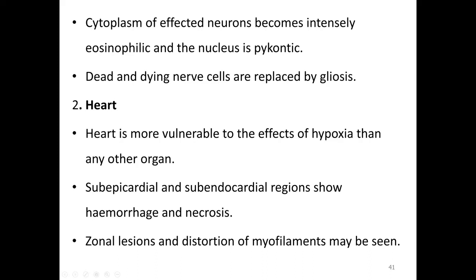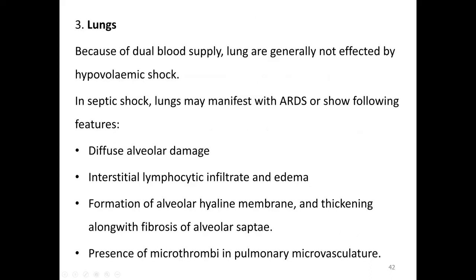Heart is more vulnerable to the effect of hypoxia than any other organ. Subepicardial and subendocardial regions show hemorrhage and necrosis. Zonal lesions and distortion of myofilaments may be seen. Lungs. Because of dual blood supply, lungs are not generally affected by hypovolemic shock.